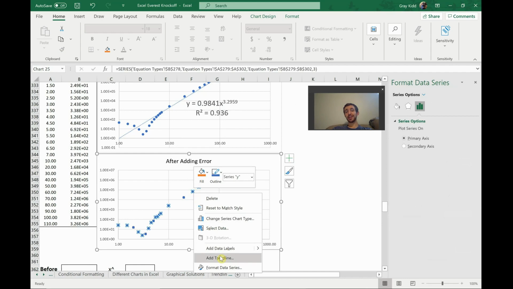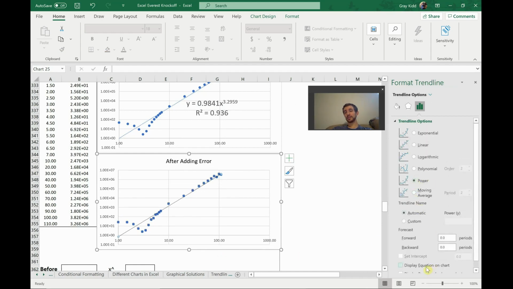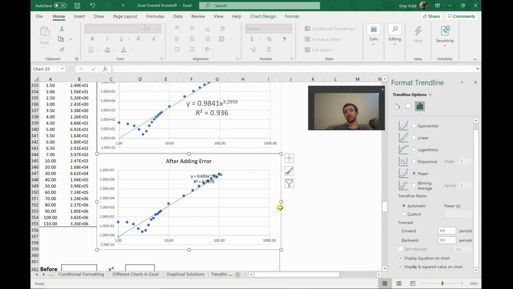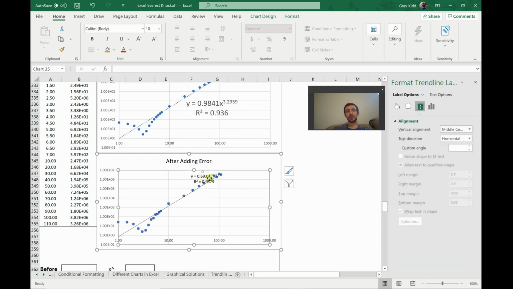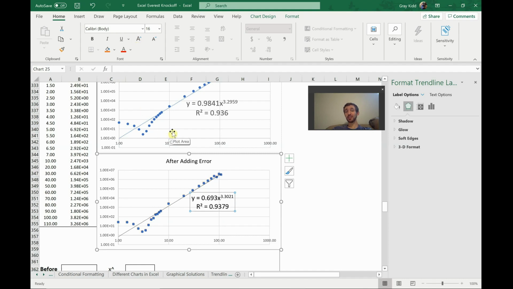And we're going to do the same thing right here. Right click, add trend line, power law. Display equation on chart, display r squared value, and let's look at this one. So first off, you can see that it looks the same. It fits it the same, like it doesn't change the shape of the trend line really at all.